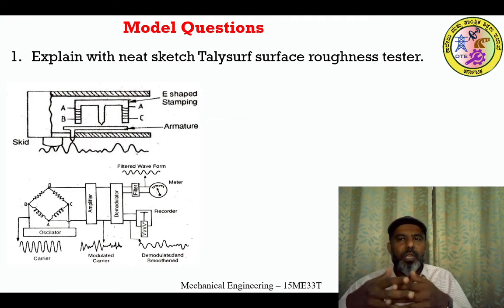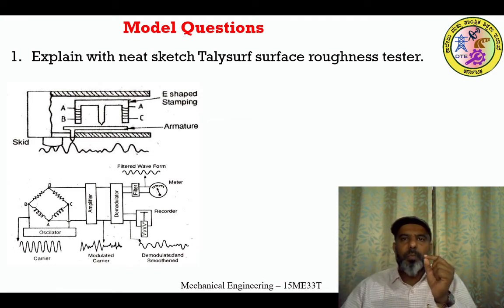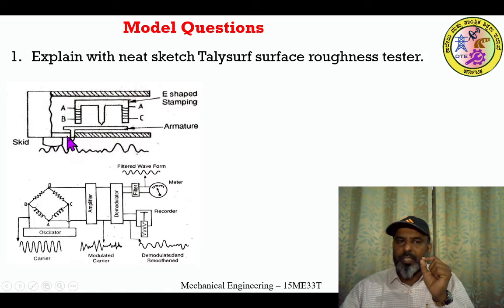Then next, coming to the construction, the first thing you should remember is that it has a measuring head. That measuring head consists of a stylus and a skid. The stylus is guided by the skid, and the stylus and skid trace the surface irregularities and are driven by a motor.